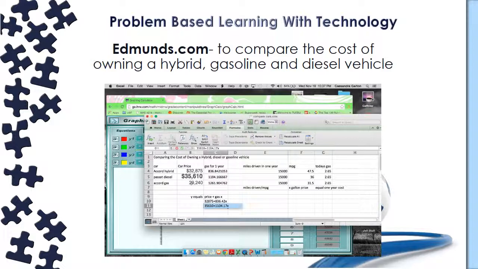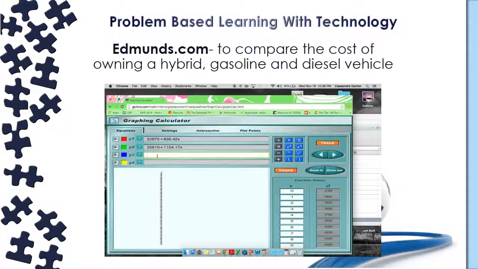And then I would go ahead and lastly do the Accord Gas, which was $29,240 plus cost of the gas $1,261.90 x, and go ahead and copy and paste that.